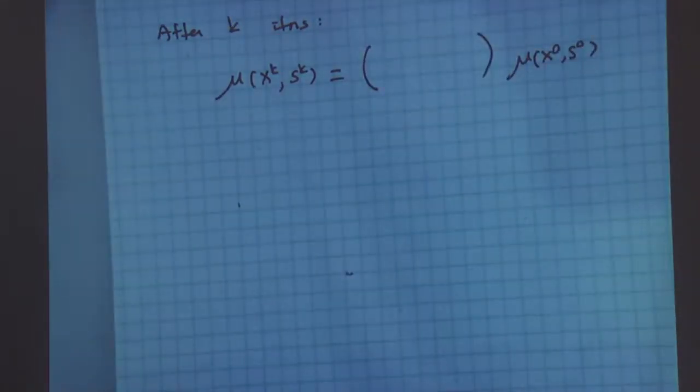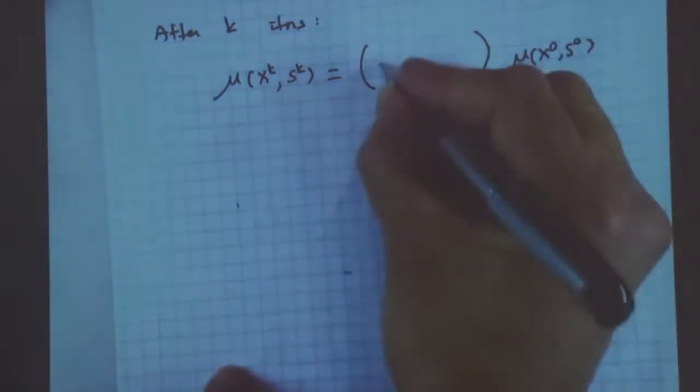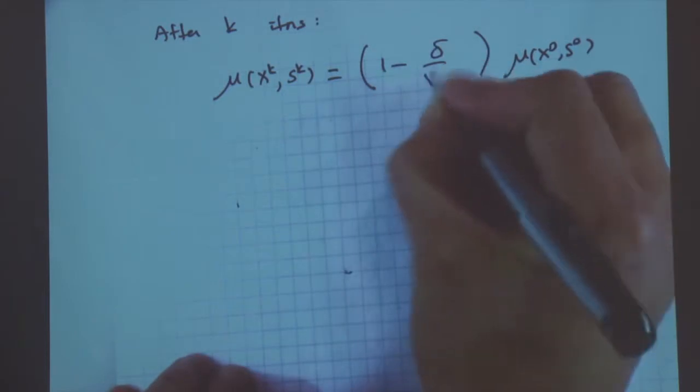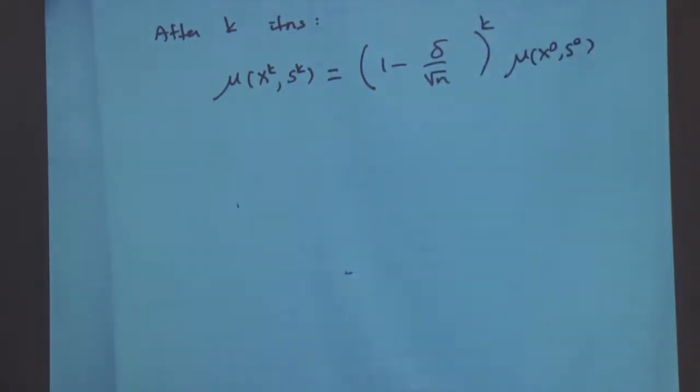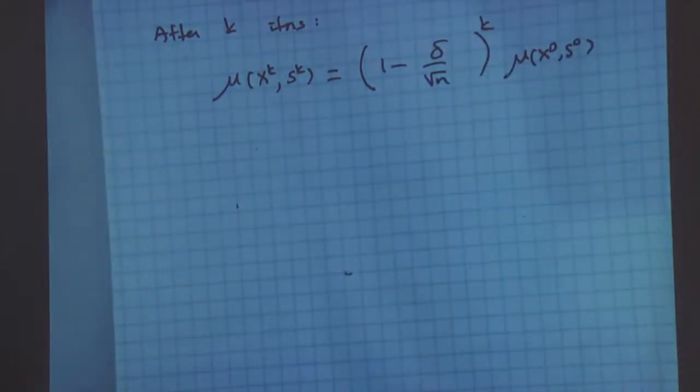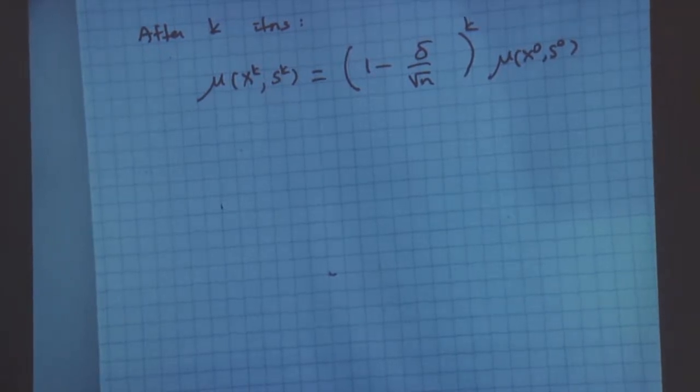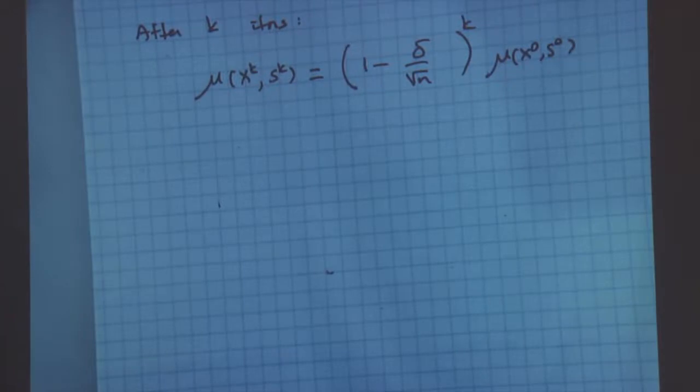If my mu decreases by a factor of 1 minus delta over square root of n at each step, then after k steps it is 1 minus delta over square root of n to the k, right? So it decreases linearly. So then if you play around with taking logs, the corollary immediately follows.